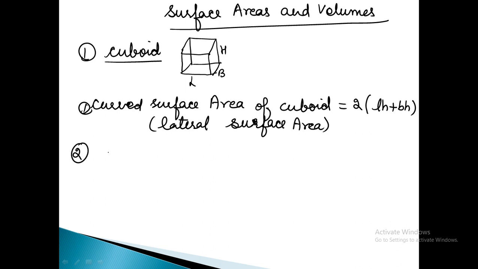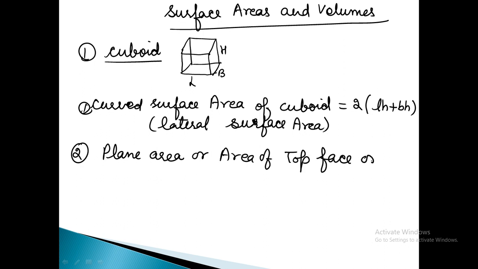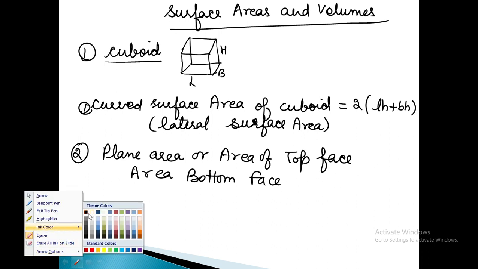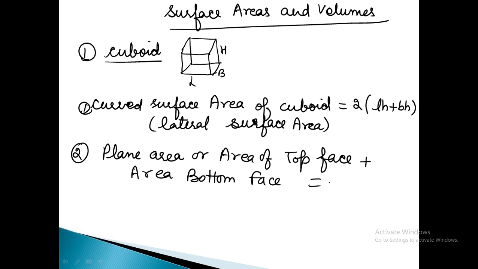And the second formula, if you want to find the plane area, or the area of only the top face or the bottom face, then you will use this formula: LB plus LB, that is 2LB.